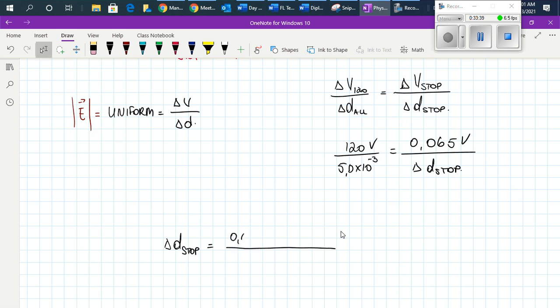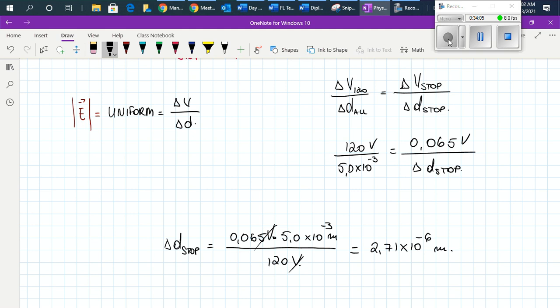So 0.065 times 5.0 times 10 to the power of -3 over 120 volts. The volts cancel, and then we have meters: 2.71 times 10 to the power of -6 meters.